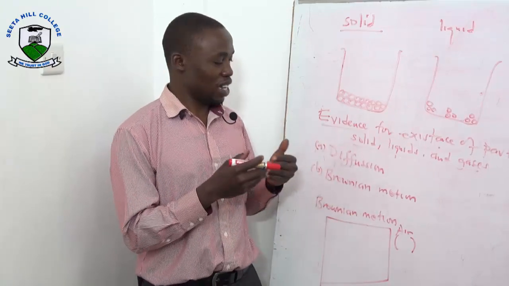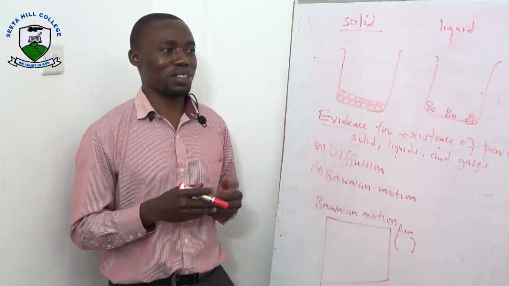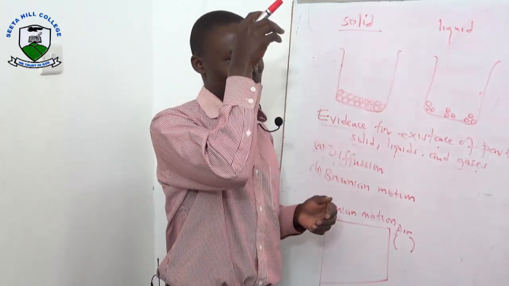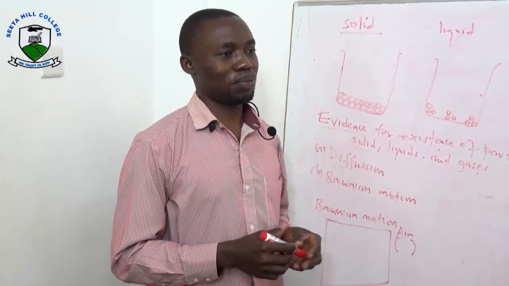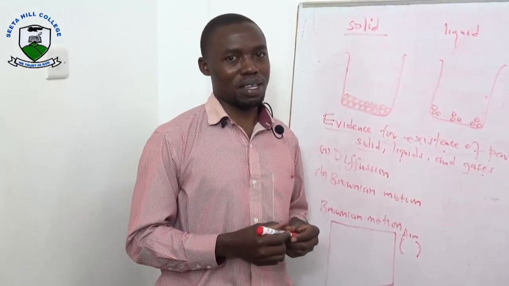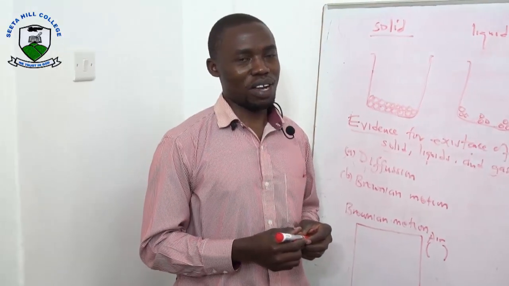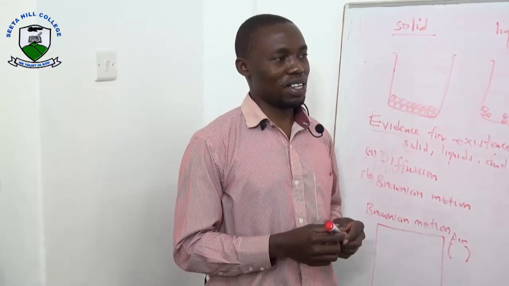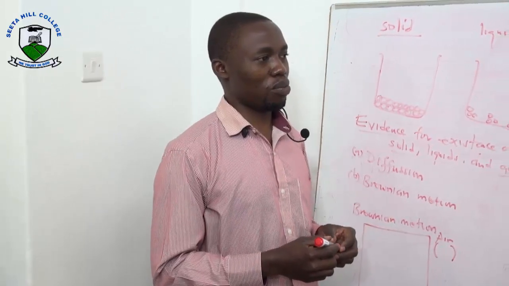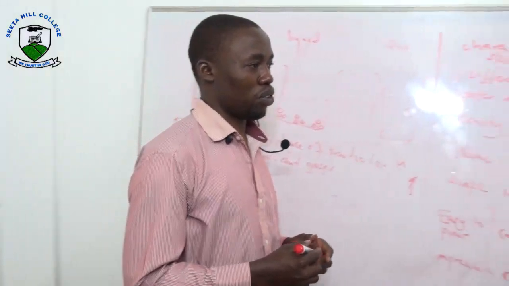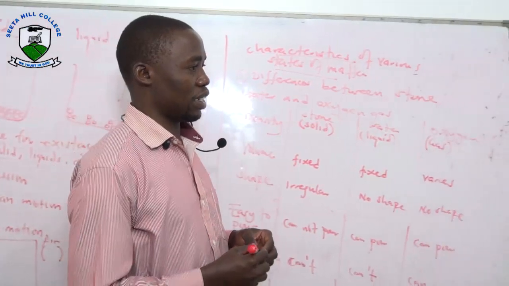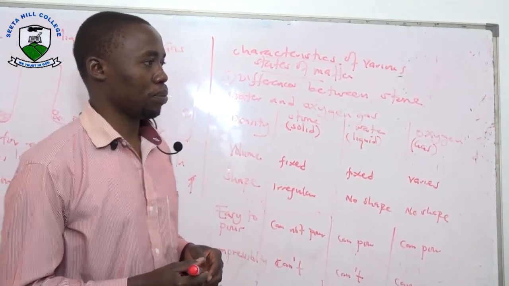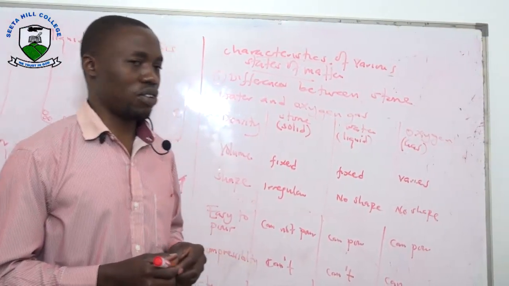We have seen that the dust is moving randomly. Could you explain that? How is Brownian motion giving proof to show that gas has particles? You can try.